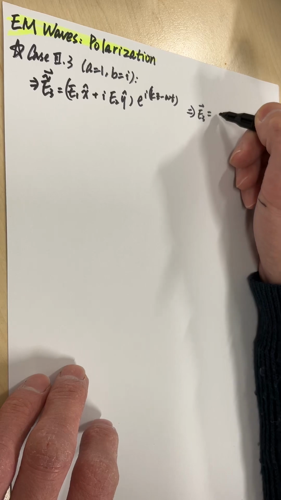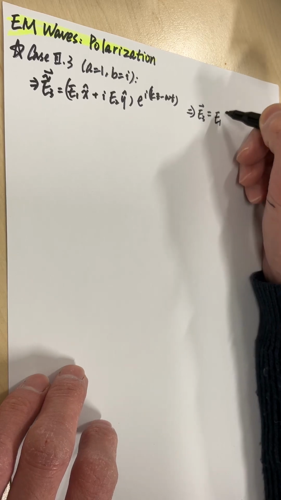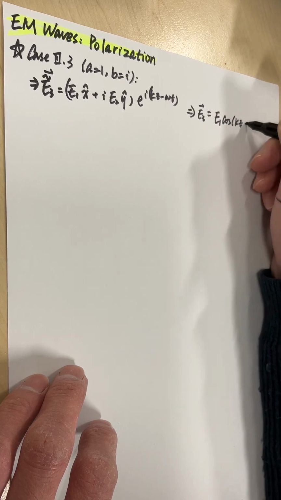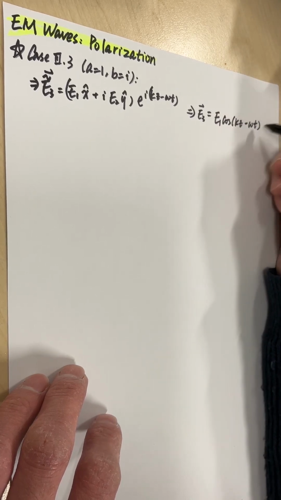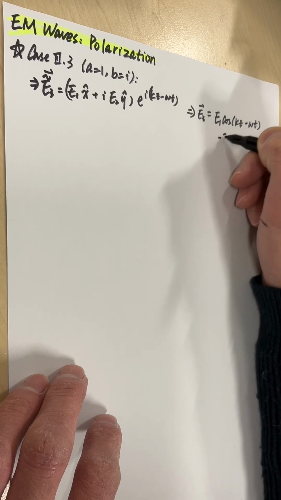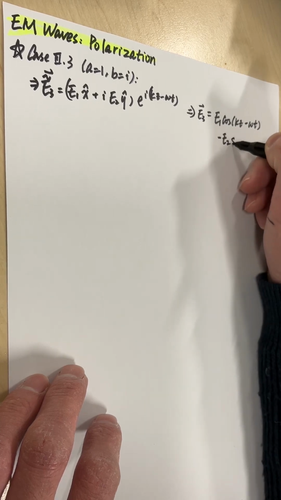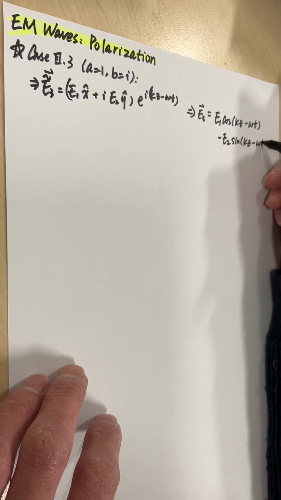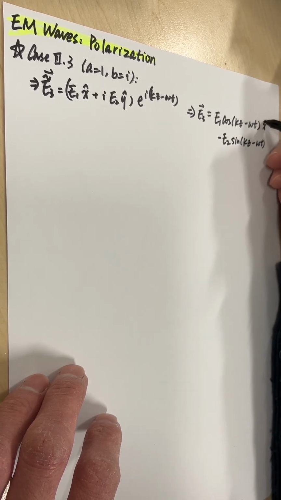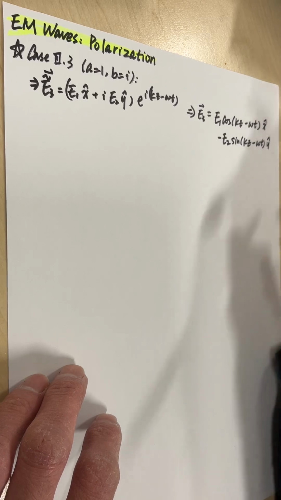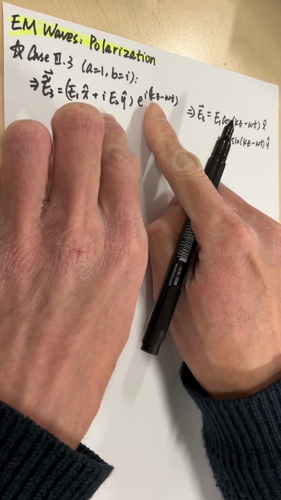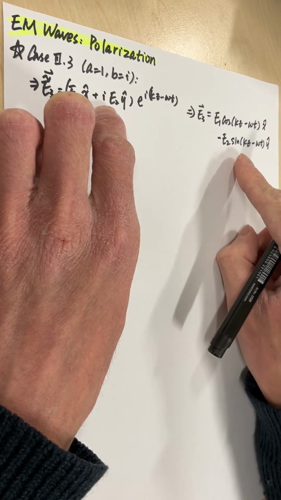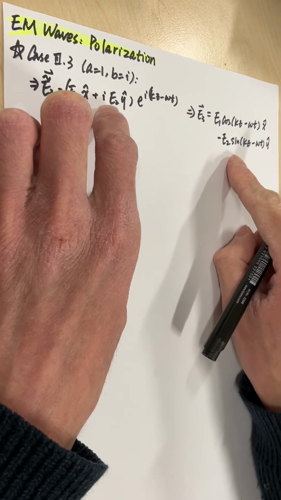So first we have E1 cosine kappa z minus omega t, and then minus E2 sine kappa z minus omega t. Sorry, this is x direction, this is y direction. So here we have i multiply i sine of the phase, so I have minus here.